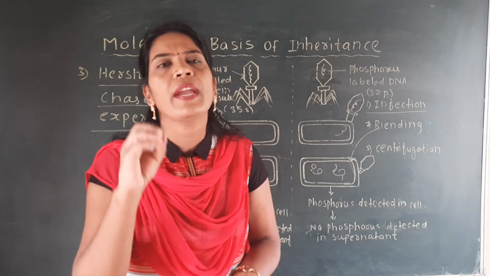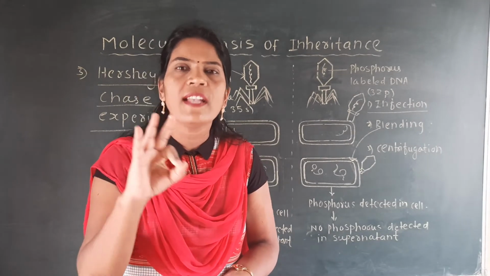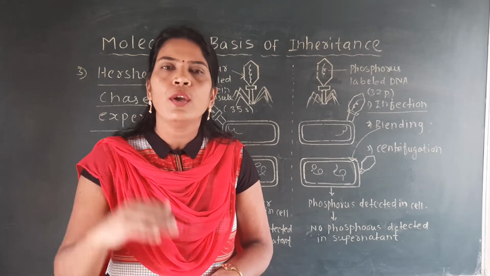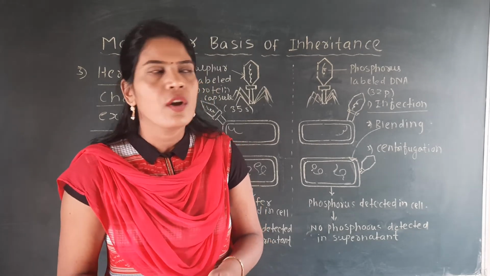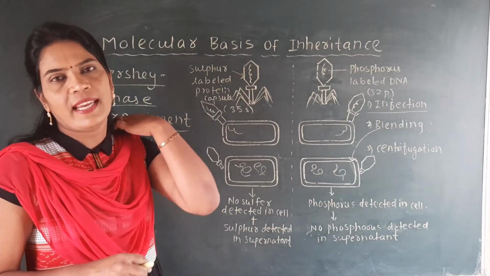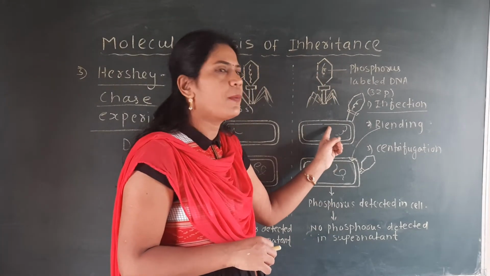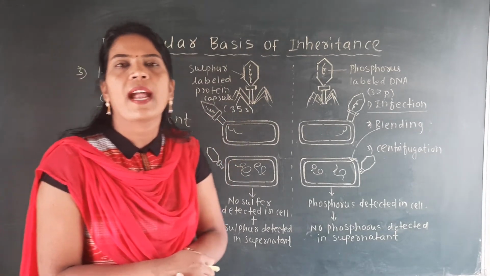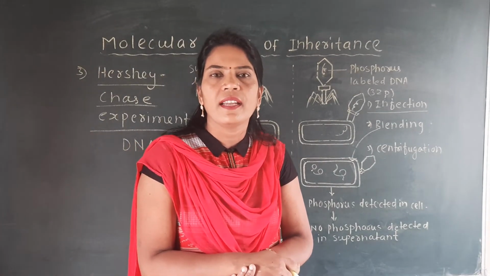centrifugation. So it is very simple, only one sentence proves this experiment: DNA is the genetic material which gets transferred from bacteriophage to the bacteria, and along with that DNA phosphorus also transfers, but sulfur cannot transfer, and this experiment proves that DNA is the genetic material.